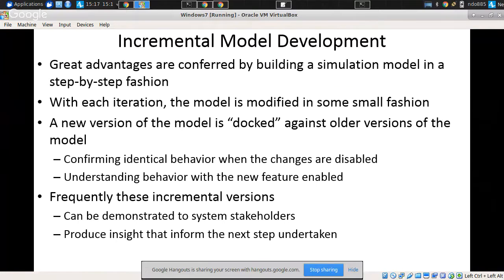So in short, you build confidence the model hasn't broken the old features, and that for the new features, you have an understanding of what behavior they lead to, okay? And often these incremental versions can be demonstrated to system stakeholders, okay?